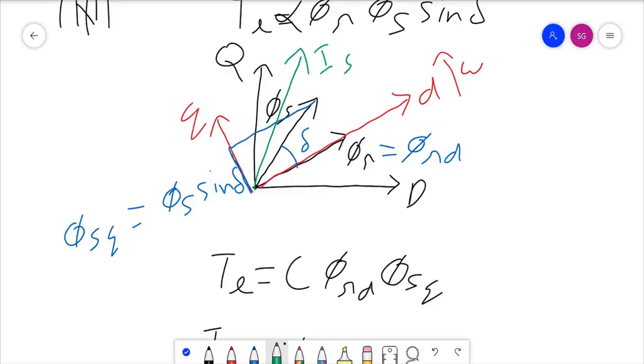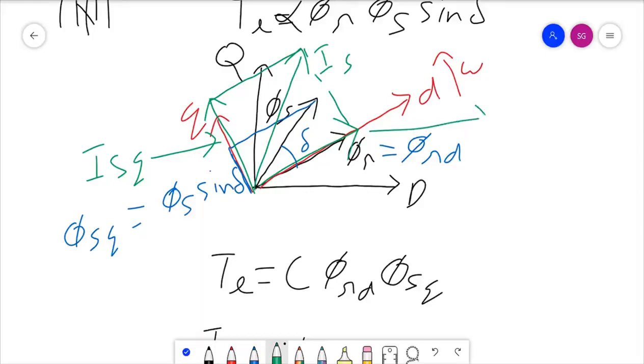We can take this IS component on this Q axis and call it ISQ, and we can take the component on this D axis and call it ISD.